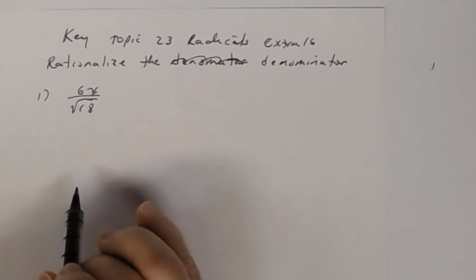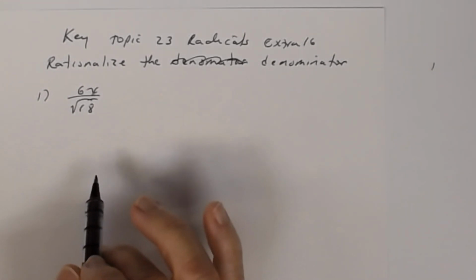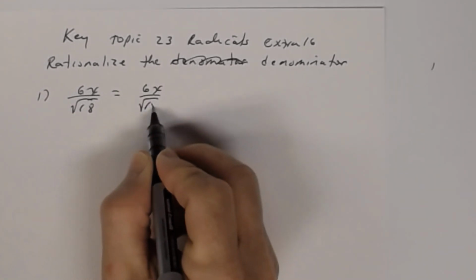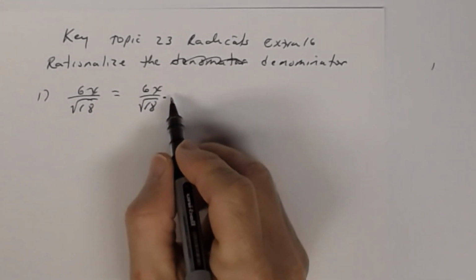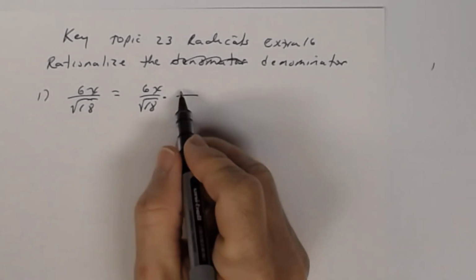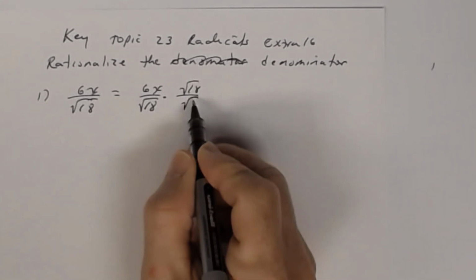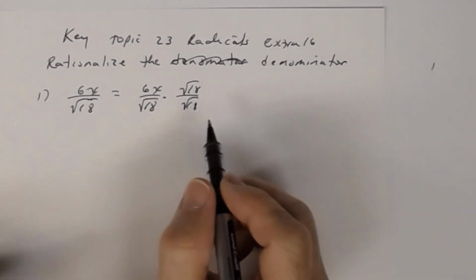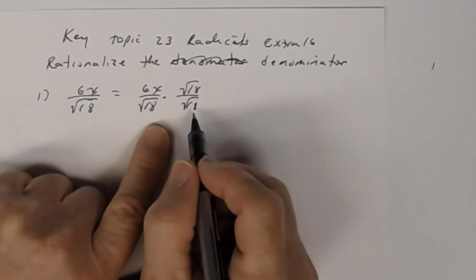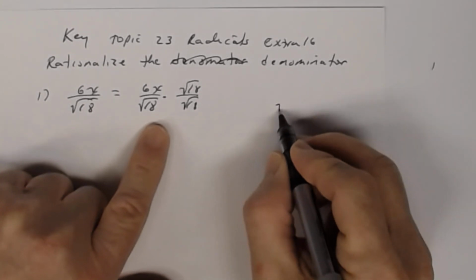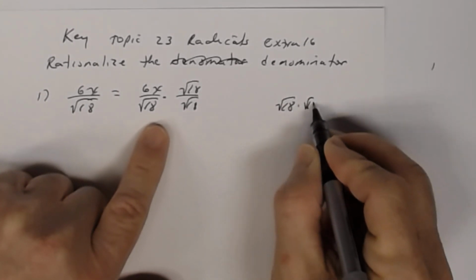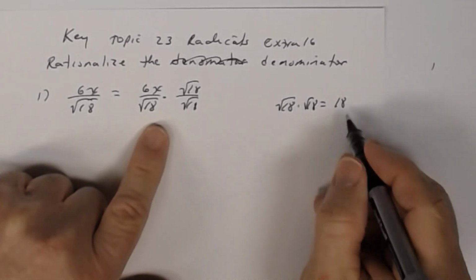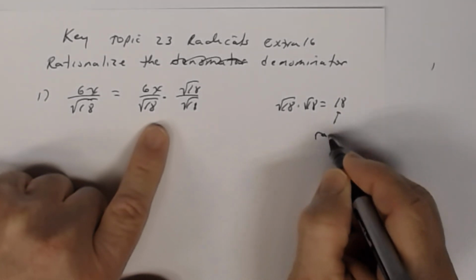So since we're dealing with square roots, that's an easy thing to fix. I'm going to go ahead and rewrite this over. All we have to do is multiply both numerator and denominator by the square root of 18, which you see in the denominator. All right, so that's an easy fix. And we know that's going to be correct because the square root of 18 times the square root of 18 is 18, and notice 18 is a rational number.